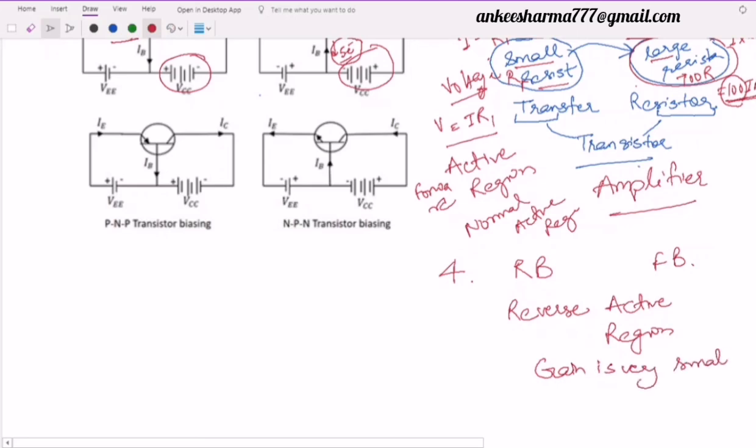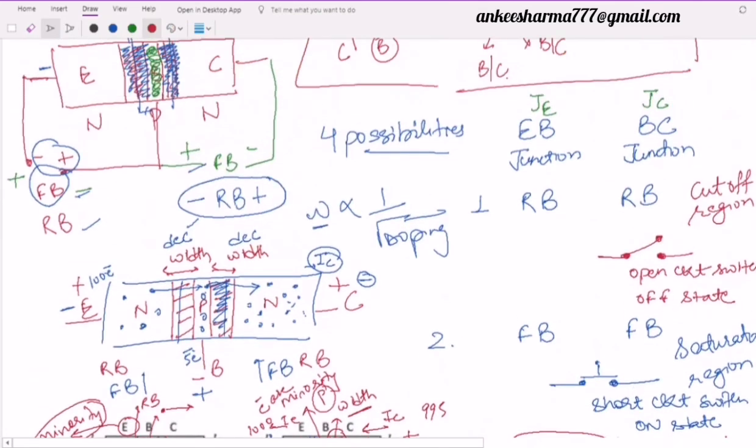and due to this very small gain it is not commonly used. What we use commonly are the other three biasings, that is both forward bias and both reverse bias.